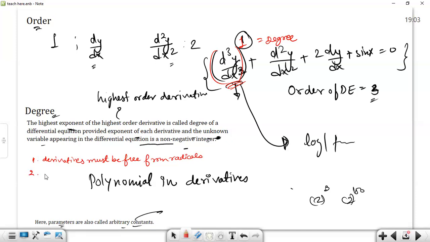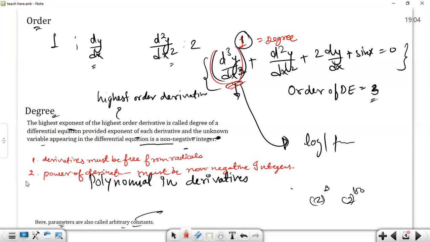And the power, the degree, the power of derivatives must be non-negative integers. Integers are what? 1, 2, 3, 4, 5, 6, 7, 8, and also the negative ones, but we are excluding those negative. Okay.